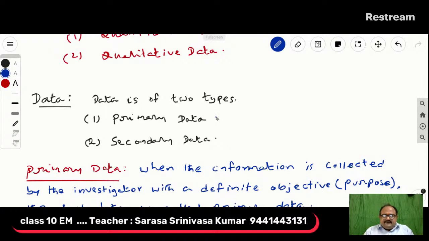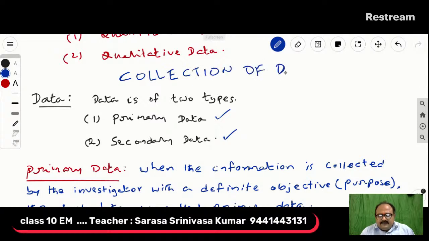Collection of data is of two types, that is primary data and secondary data. So this is regarding the collection of data.